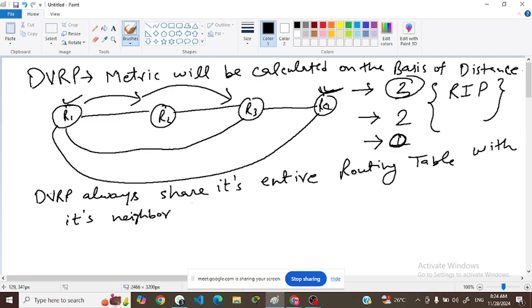Is this point clear or not? Yes, sir. But do all routing protocols share their entire routing table? No, not all routing protocols. Okay, sir.